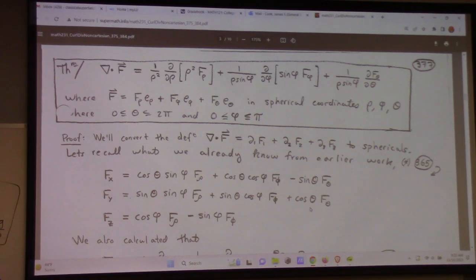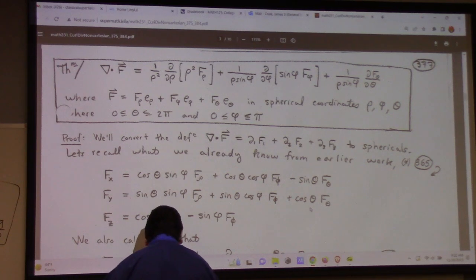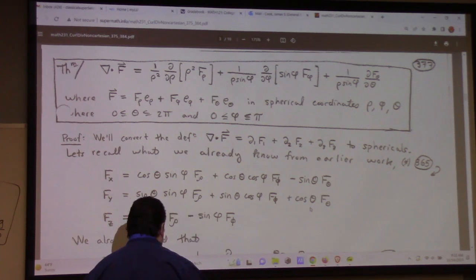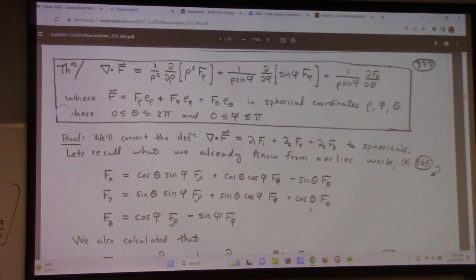Remember this one? This is xyz divided by, in Cartesian coordinates, the square root of x squared plus y squared plus z squared to the 3rd power. This is the Coulomb field. If you're going to use these formulas, the first order of business is to understand the vector field you're given in terms of the spherical frame.